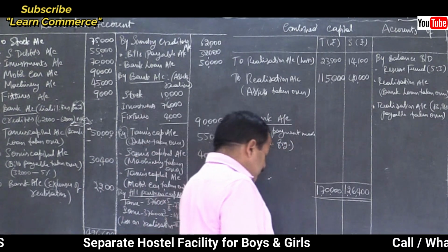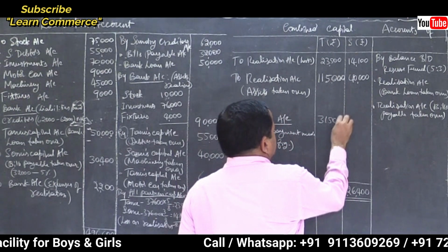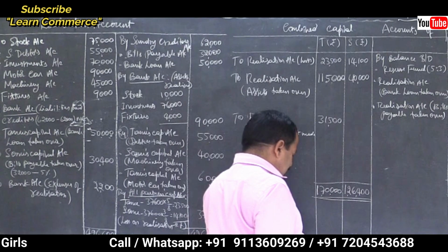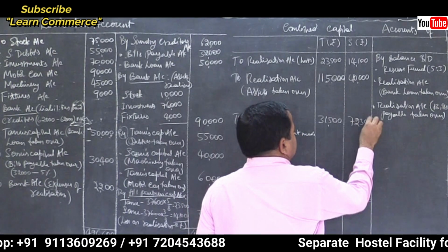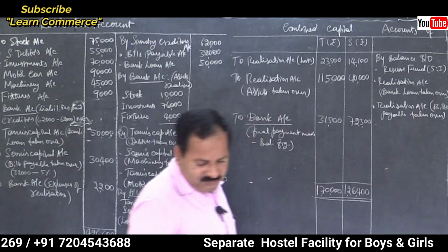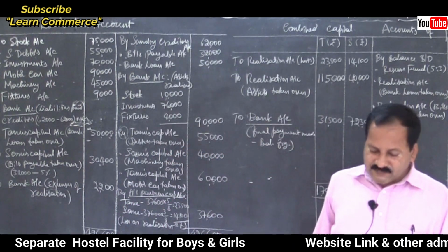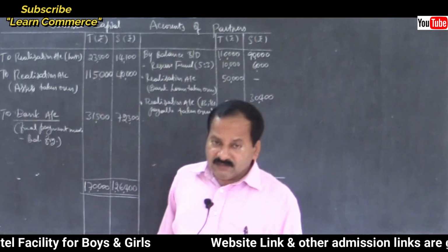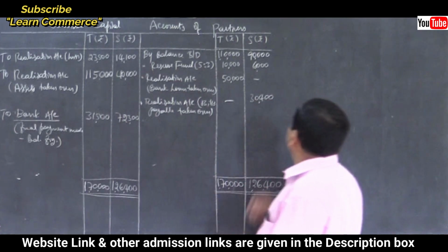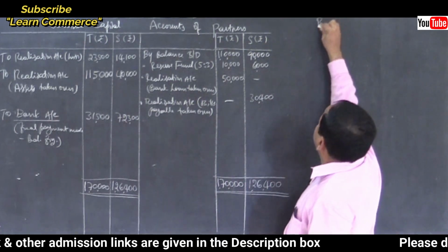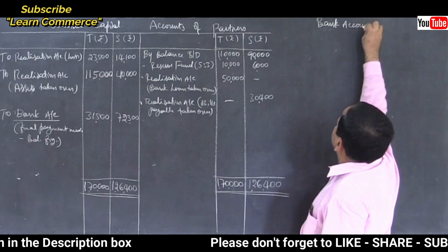That is 31,500 and 72,300. Yes, that's all. So your capital account is done. Move on to bank account, the last part.